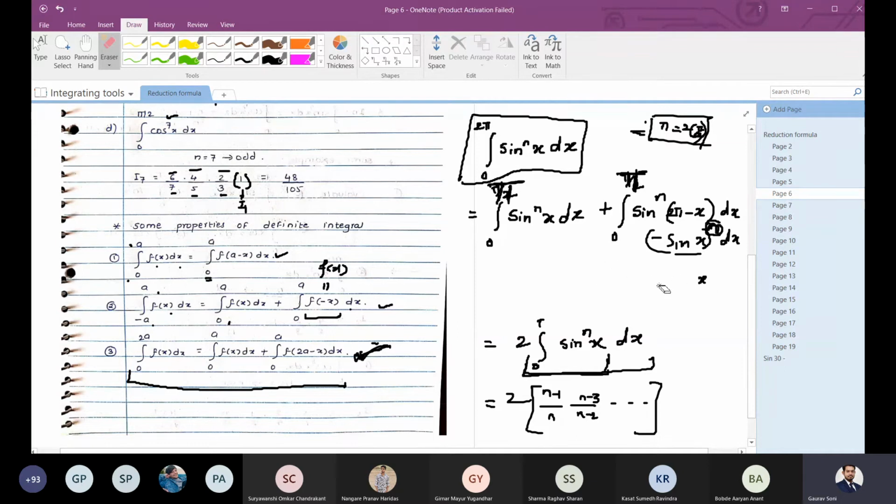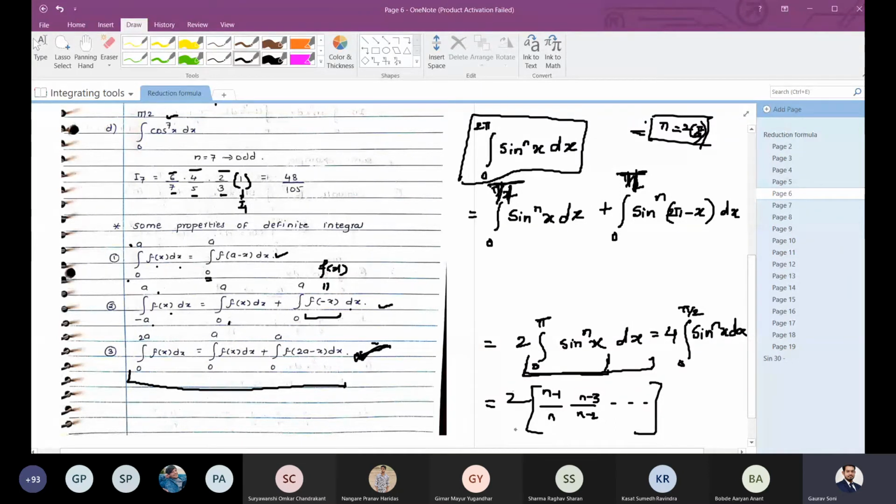So look, using just one property, you are able to reduce any of the intervals to 0 to pi by 2, and then for 0 to pi by 2 I can find the answer using the previous formula. Again, you can see that 0 to 2 pi sine raised to n of x I can write as 4 times 0 to pi by 2 sine raised to n of x dx, right?